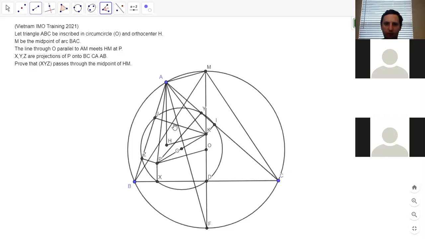So how do we define K? K is the orthocenter of MBC, and P prime is the isogonal conjugate of K. So showing that P, H, and M are collinear is equivalent to showing that OP prime is parallel to AM.